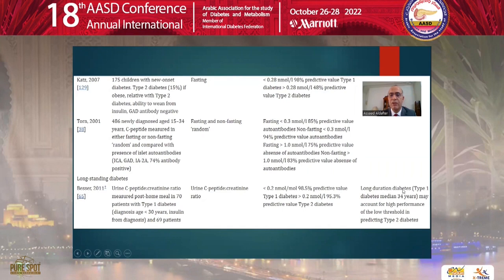The long duration of type 1 diabetes, with a median age of 34 years, may account for the high performance of the low threshold in predicting type 2 diabetes. Here the use of urine C-peptide is also equivalent to the level of random or fasting C-peptide, again with a high predictive value of about 98%.